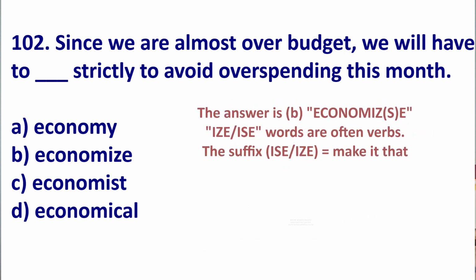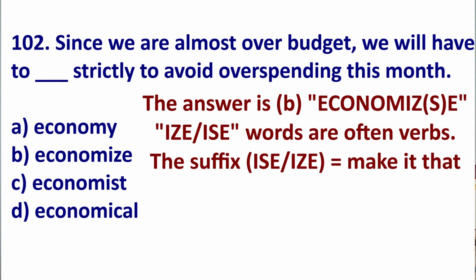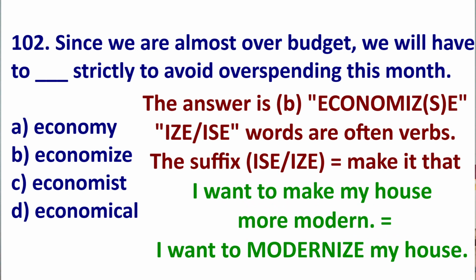So what's the answer? B, economize. If you see the suffix ISE or IZE, and it's combined to a noun or an adjective, it usually means make it more of that. So I say, I want to make my house more modern. I want to modernize my house.